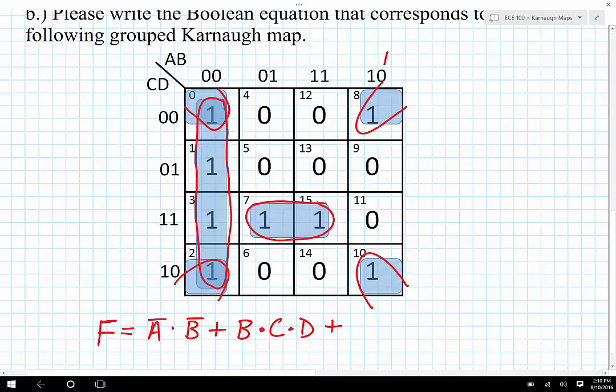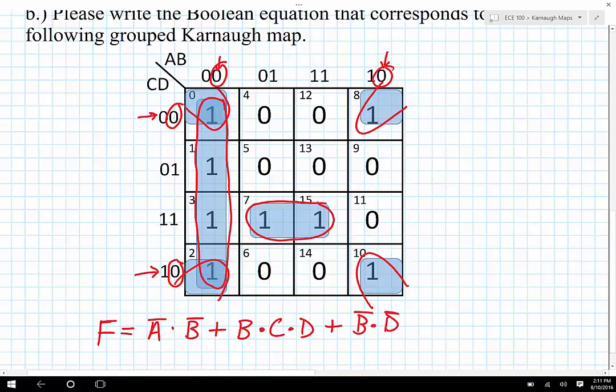Well, they belong to this column and this column, which is where B equals 0. And they belong to the top row and to the bottom row, and in both of those cases, D is equal to 0. So this is not B and not D.